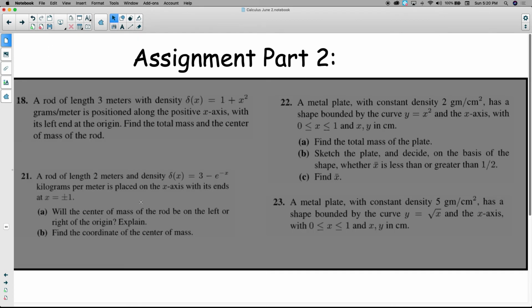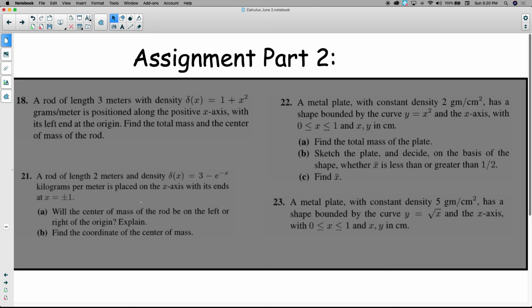So here is assignment part 2. It's certainly more meaty than assignment part 1. There are 4 problems in total, and I'm going to ask you to really make an effort to draw a good drawing and make good labels.